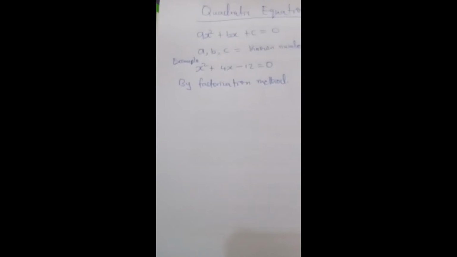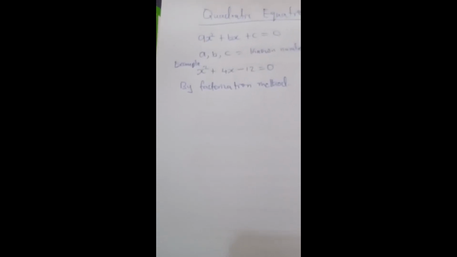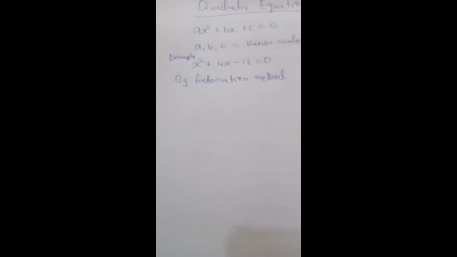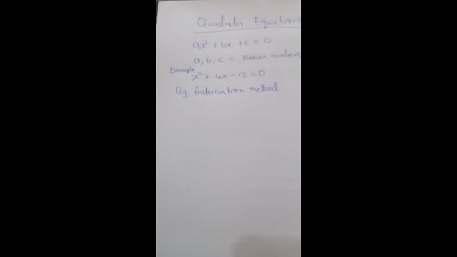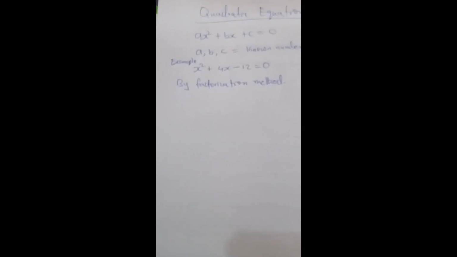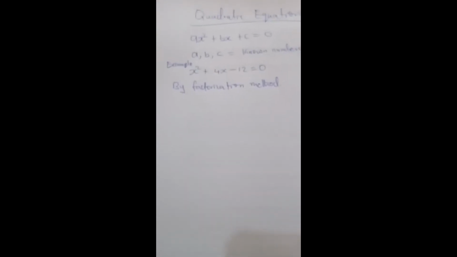Factorization method means that you will locate the middle term, which is 4x in this case, and think about 2 factors whose sum will give you 4, or simply 4x, and whose product will give you minus 12.